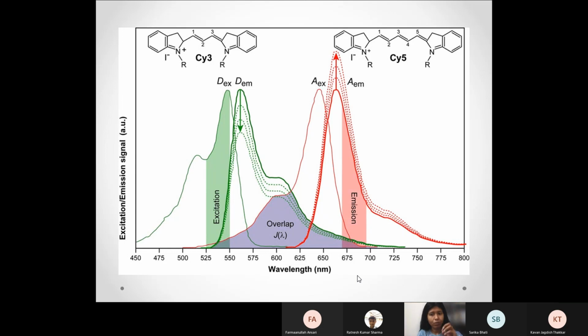But when it comes back, because it doesn't come to the very same state, there are some vibrational relaxations, so the energy difference that is emitted is never the same energy that was absorbed. The photons that it absorbs have higher energy compared to the photons that it emits. So that's fluorescence.